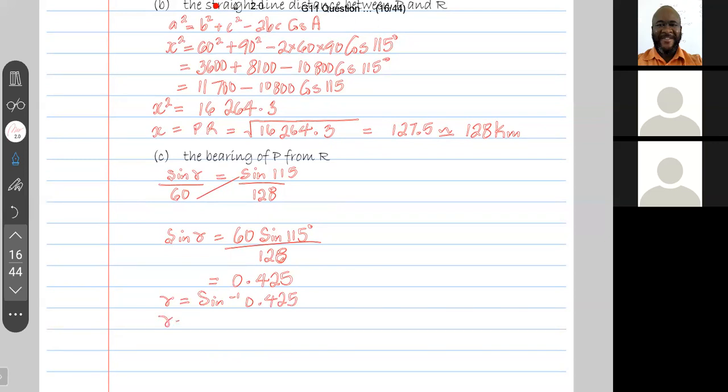Gamma is equal to 25 degrees. All right.